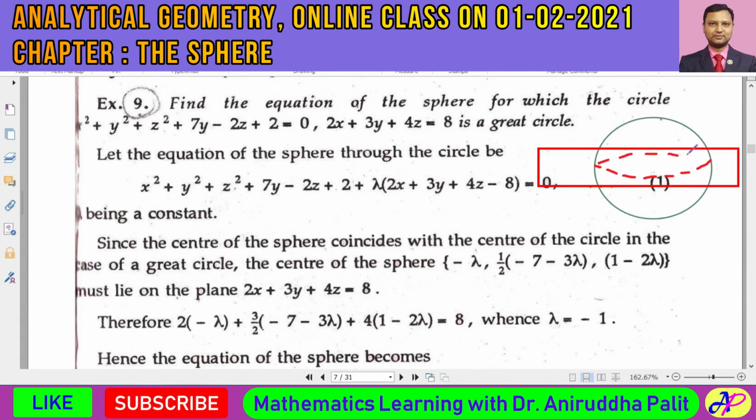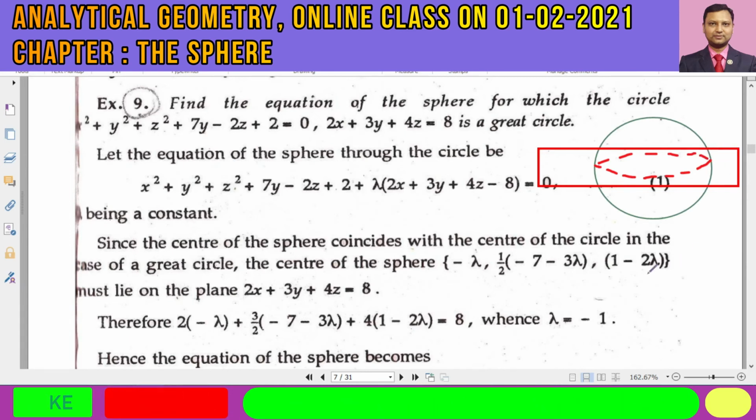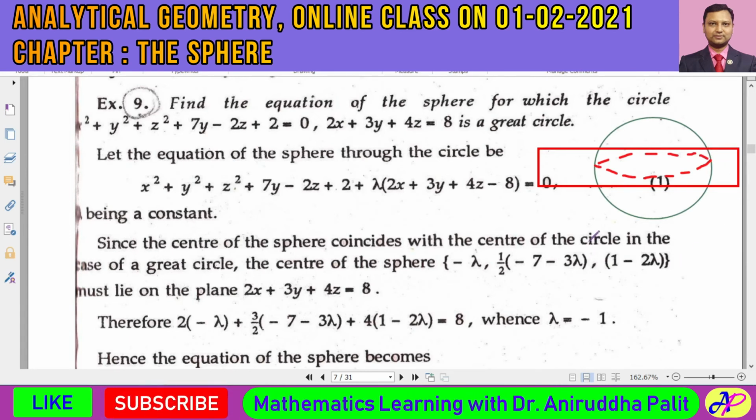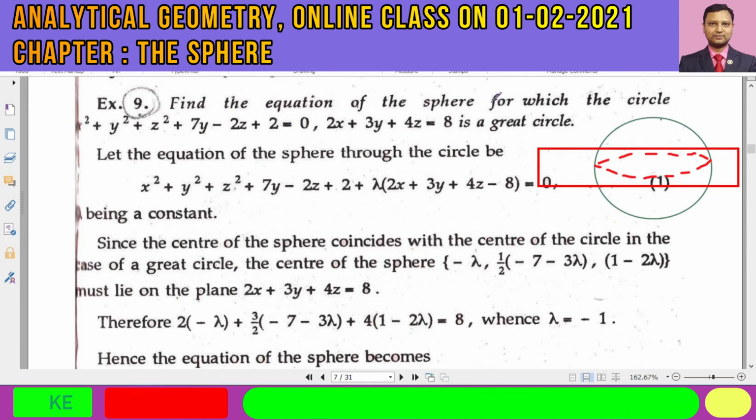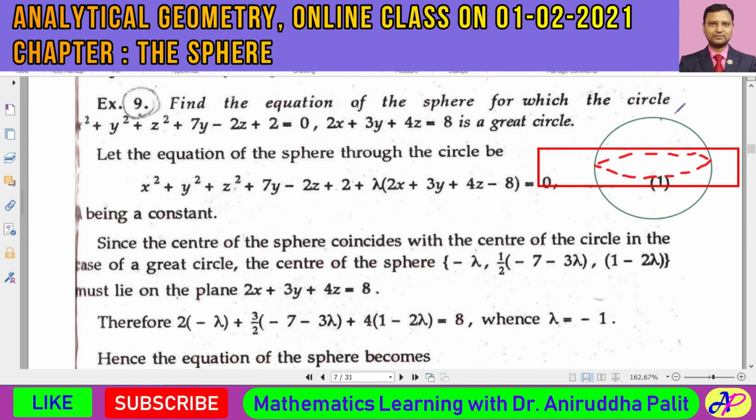Of this sphere. Now, how to obtain the equation of this? What we need to do is find the equation of the sphere. We need to find out the equation of this sphere. We are given that the equation of the circle is this.